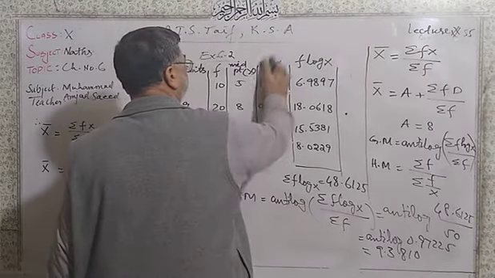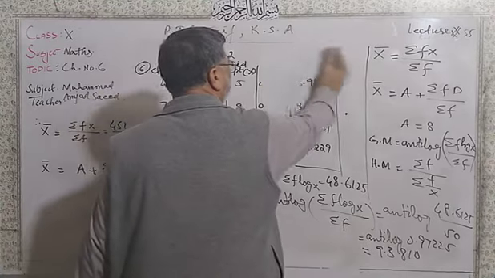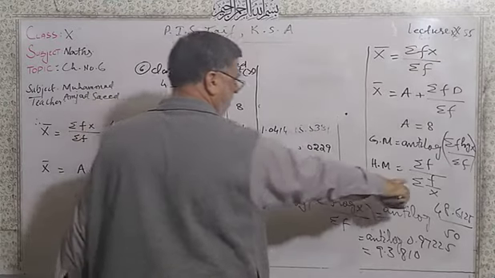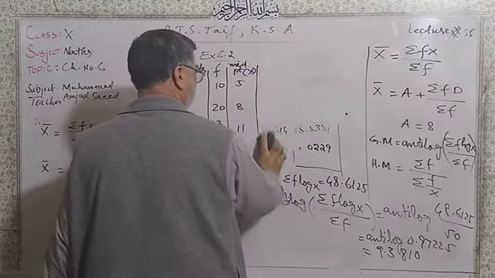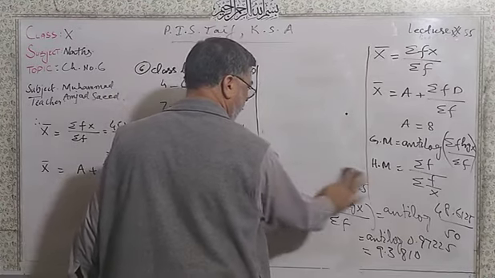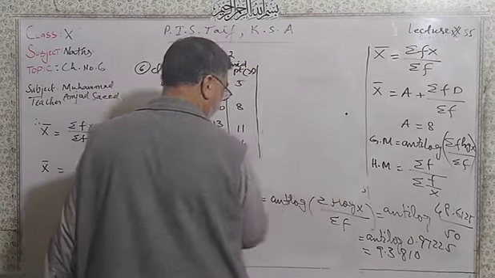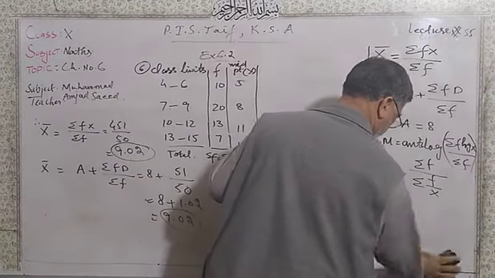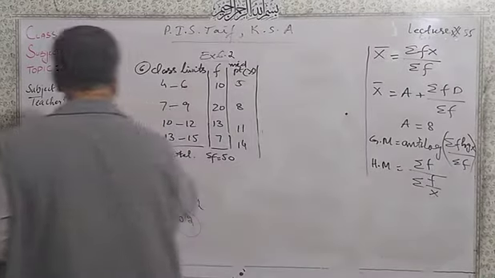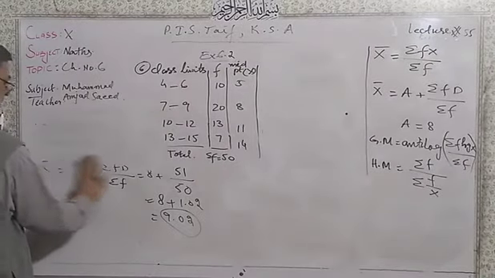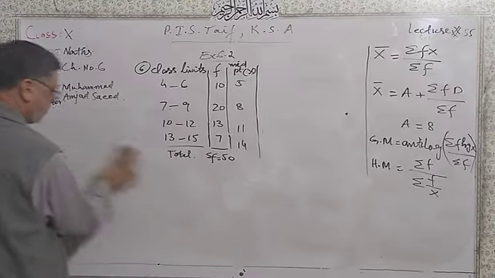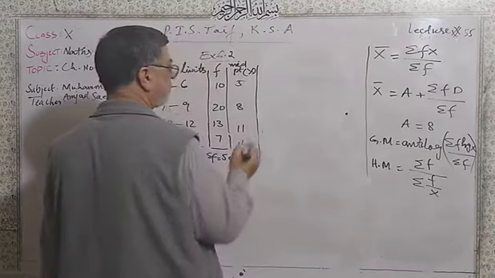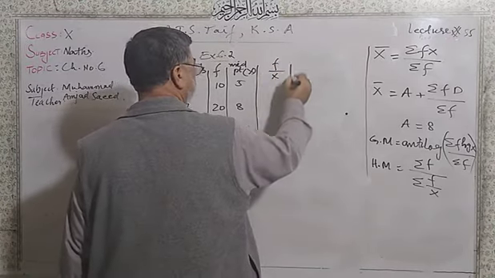So for harmonic mean, again we have to add the columns of f over x. Then we will make the summation and we will apply the formula. Yes, we have f over x.